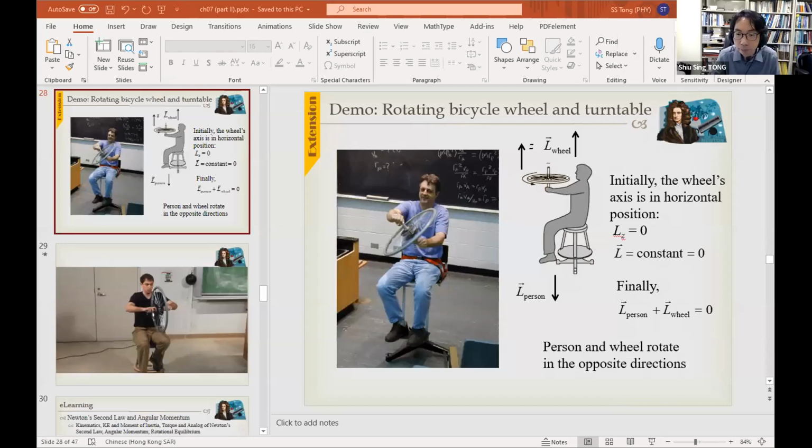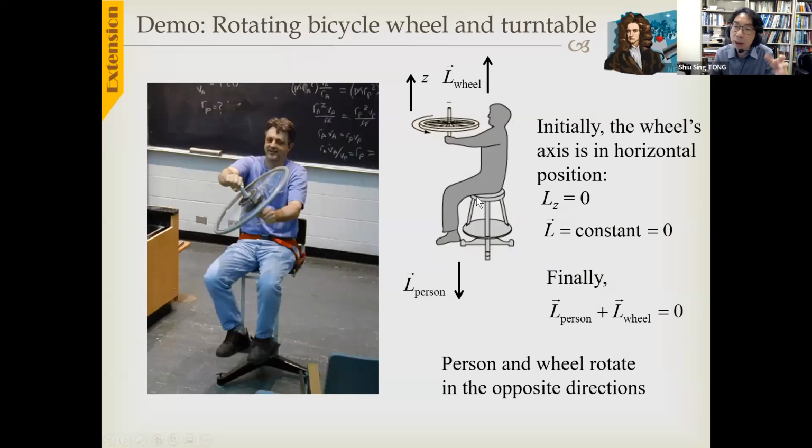Okay, we go back to this slide. Initially, the person is holding the bicycle wheel with its axis in the horizontal direction. So there's no component of angular momentum in the vertical direction. The only component is in the horizontal direction. But in that direction, angular momentum is not conserved because you have external torque from the ground.